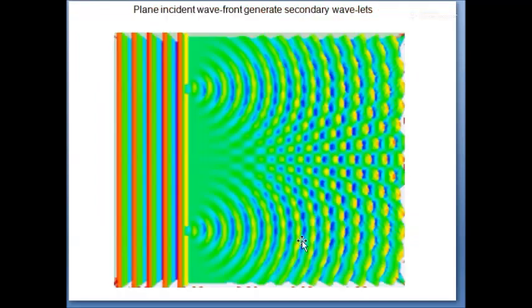On the other hand, these are the plane wavefronts which are incident on this obstacle, and if this obstacle is of small dimension, comparable to lambda, then it will generate secondary wavelets, and these secondary wavelets are basically spherical and they are propagating along this direction, right?